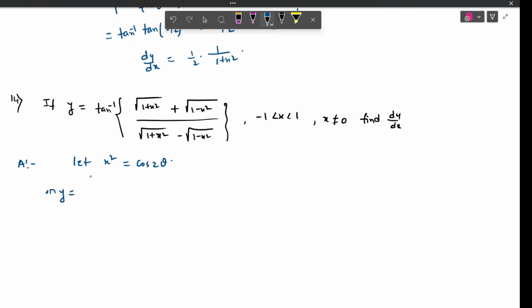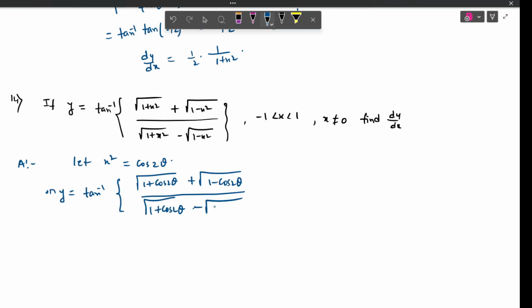So our y will be tan inverse of square root 1 plus cos 2 theta plus square root 1 minus cos 2 theta, by square root 1 plus cos 2 theta minus square root 1 minus cos 2 theta.